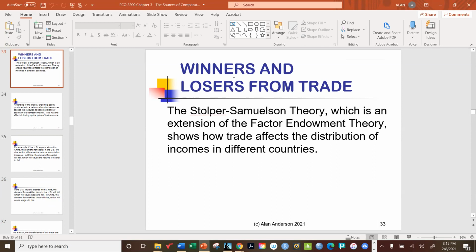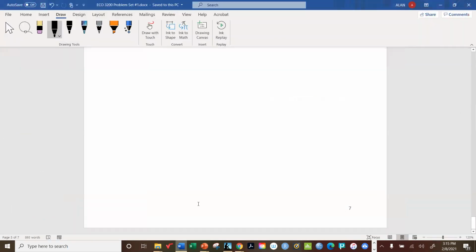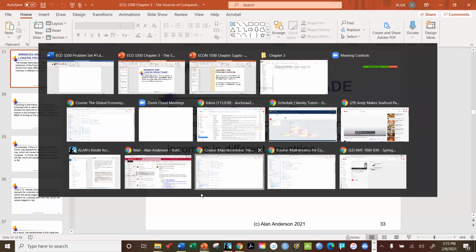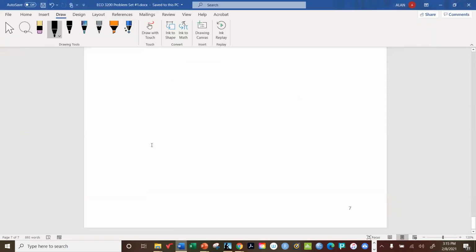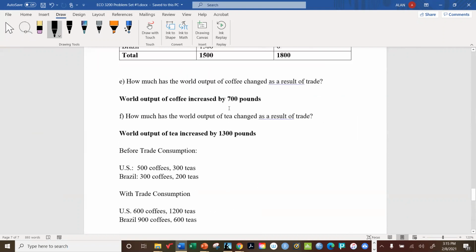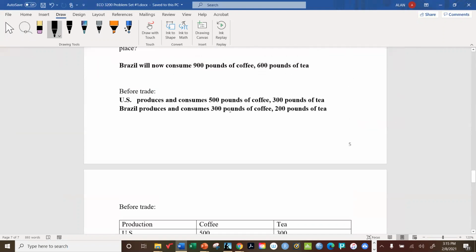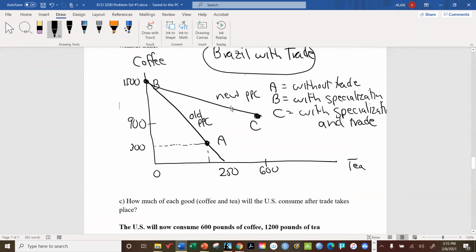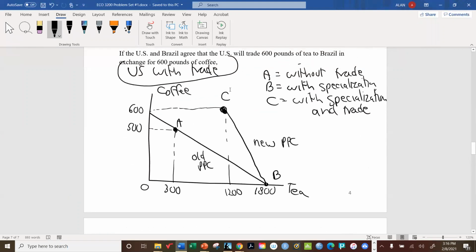Now, in the assignment that we were just looking at, if you look back at it again, let me go get it back. Here it is. What you'll discover here is even though the US had a very inefficient coffee industry, when we specialize entirely in tea, it means that people in the coffee industry are actually all losing their jobs.